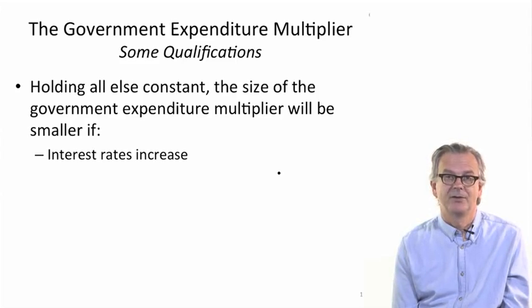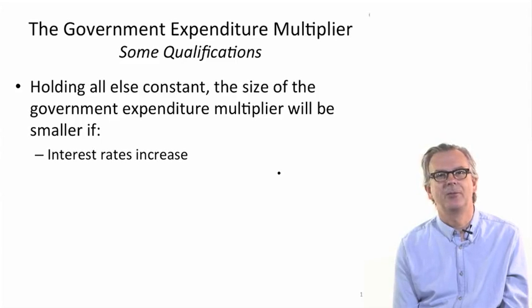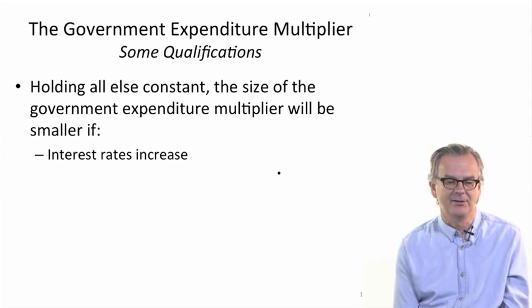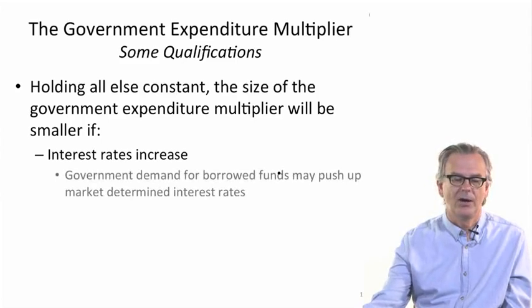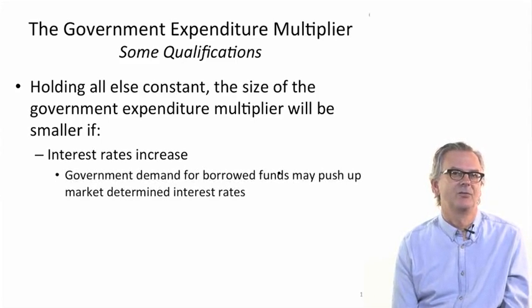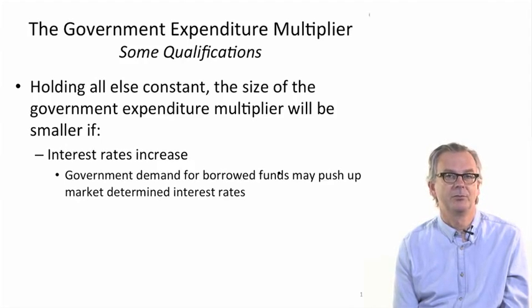For example, suppose that increases in government expenditure put upward pressure on interest rates. Now, why that might be the case goes back to this government budget constraint, the fact that governments are often forced to borrow in order to finance that expenditure. If the government is out there in financial markets borrowing and borrowing up big, it creates a significant increase in the demand for those borrowed funds.